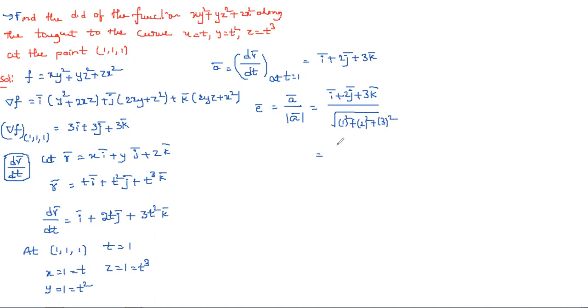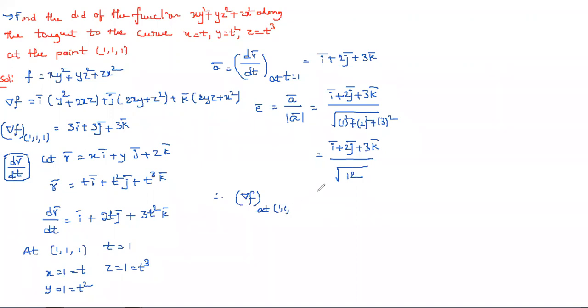So this is i plus 2j plus 3k by square root of 1 plus 4 plus 9, which is 14. This is e bar. So therefore the directional derivative is del f at 1, 1, 1.